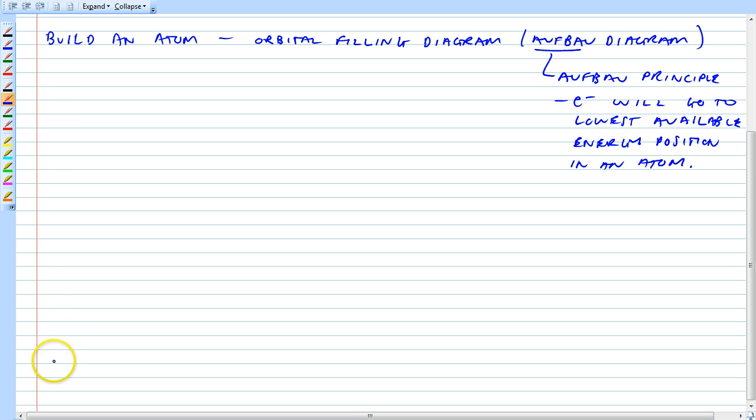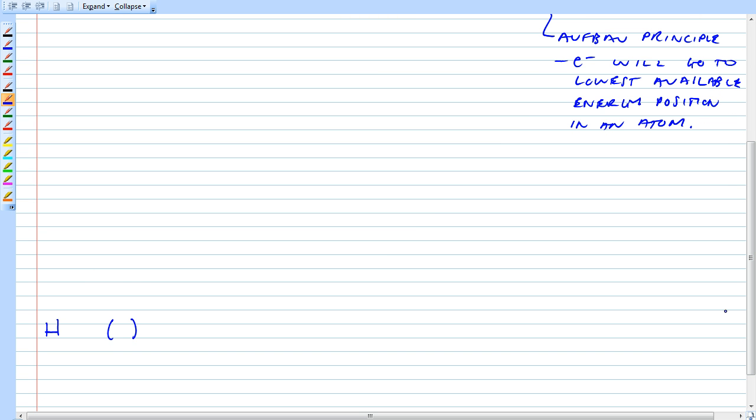So let's say we wanted to make hydrogen. I'm going to start down here, and I'm going to show hydrogen. Hydrogen only has one electron, and it's going to go into the first energy level, where n is equal to 1, which only has one sublevel, S, and that sublevel only has one orbital.